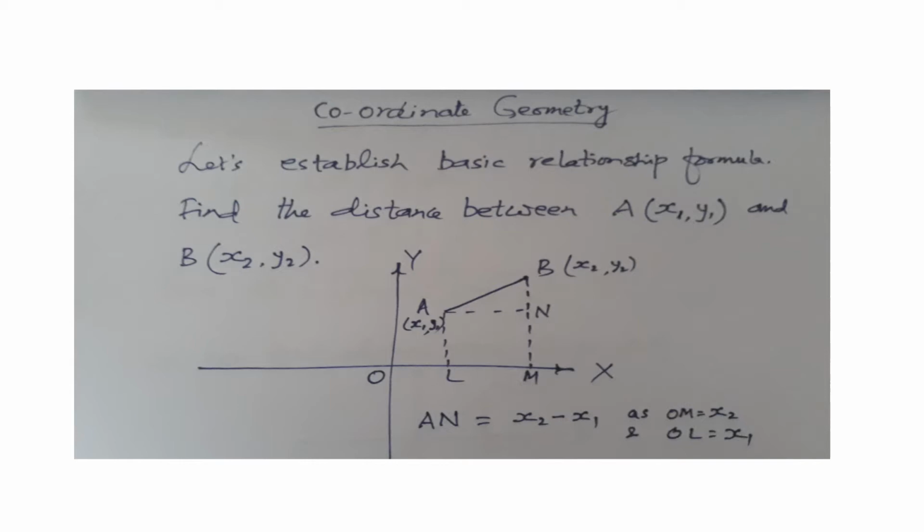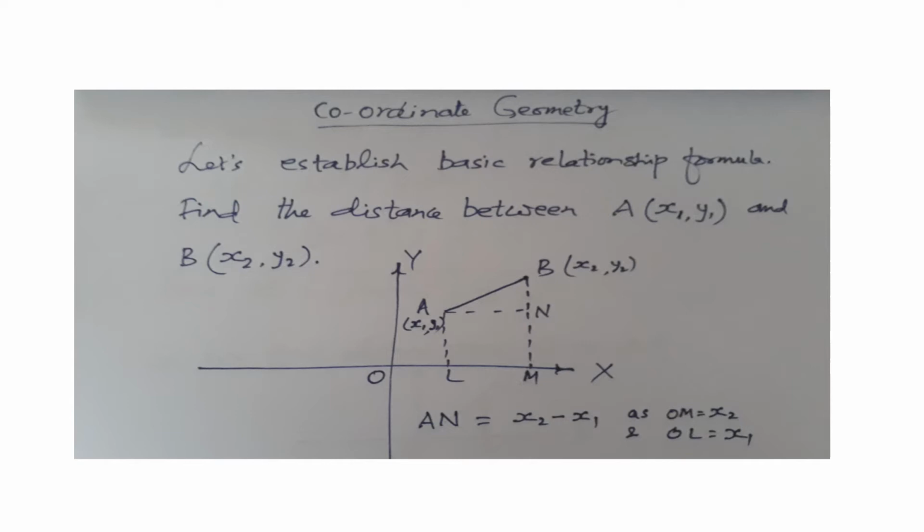Similarly, from B, if you draw a perpendicular on the x-axis, BM is y2 and OM is x2. So here in this triangle ABN, this is a right angle triangle. Angle ANB is 90 degrees.